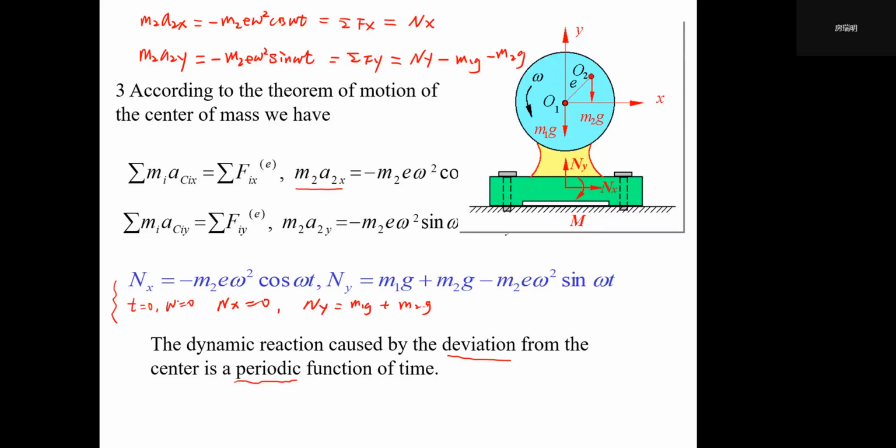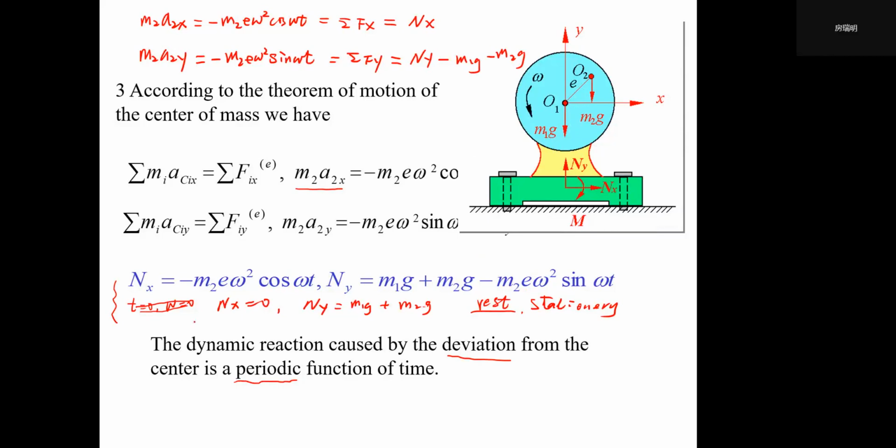That means if the system is in a state of rest, stationary, right? So nx will always be 0, and ny just is the weight of m1 plus m2.